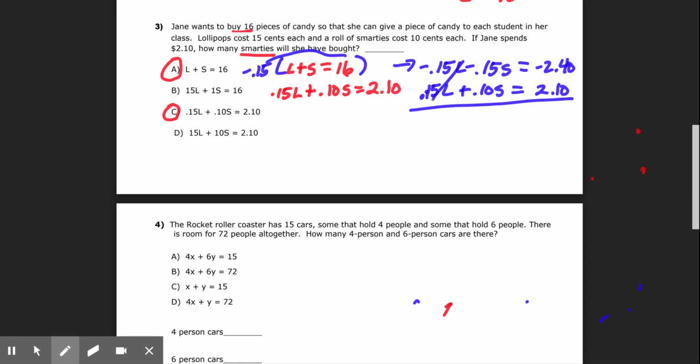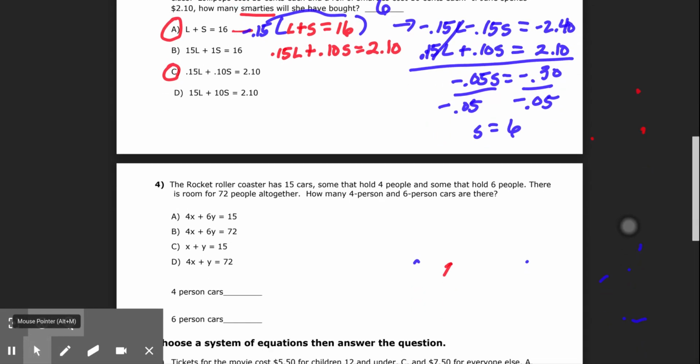So our lollipops cancel out, which is what we want. Negative 15 cents plus 10 cents is a negative 5 cents. And then negative 2.40 plus 2.10 gives us a negative 30 cents. Then we're going to divide both sides by negative 0.05. So negative 0.30 divided by negative 0.05 gives us 6 Smarties. So that's how many Smarties she bought.